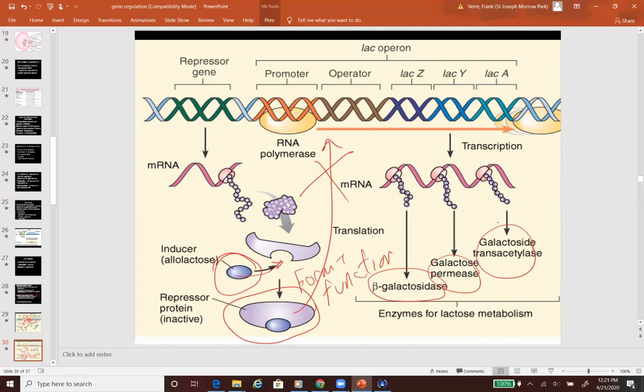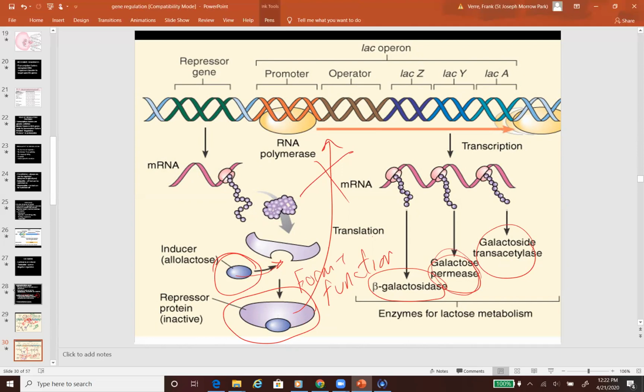Now, you may have realized there's a bit of an issue that comes up, because one of the enzymes that is made during this process, when the gene is switched on, is the doorway to bring in the lactose. So how does the lactose get in the first place to turn the gene on, if this is the doorway to bring it in?